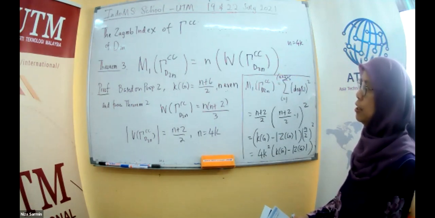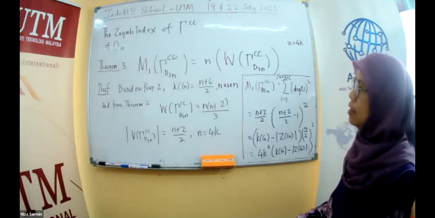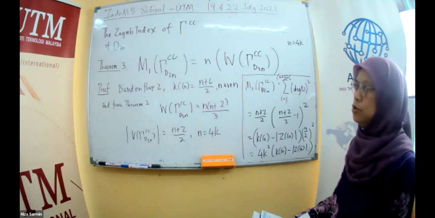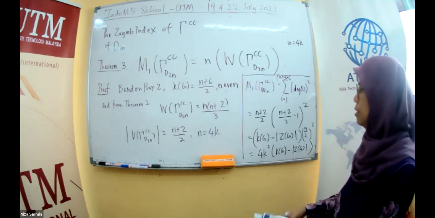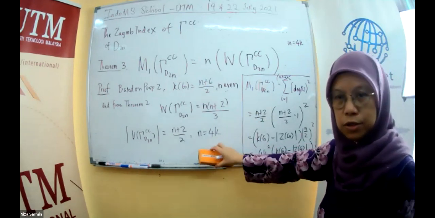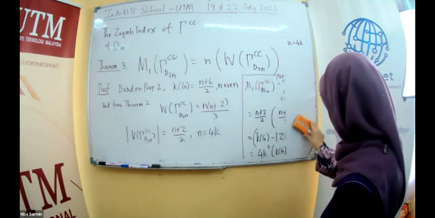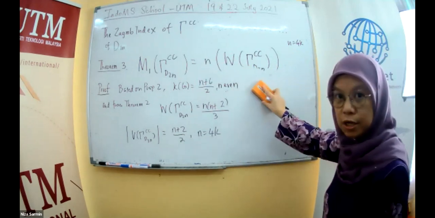So you see that for this particular conjugacy class graph, the first Zagreb index is related to the Wiener index. Okay, this is already in the notes, you can look again. But this is how you do it step by step using the definition, right?